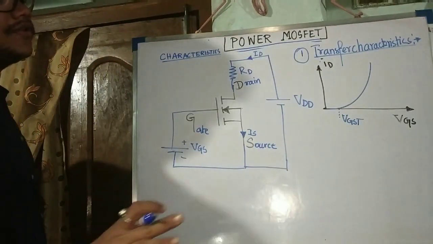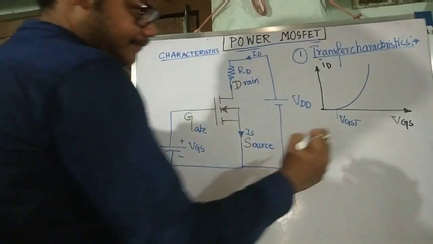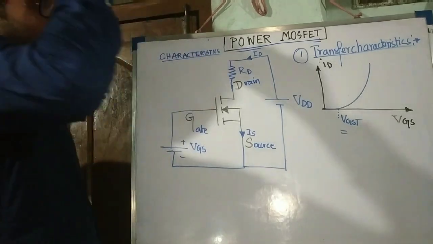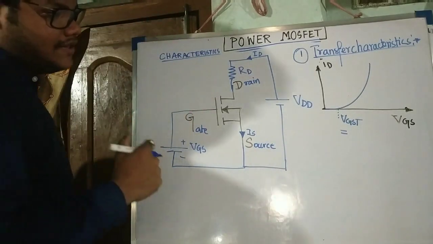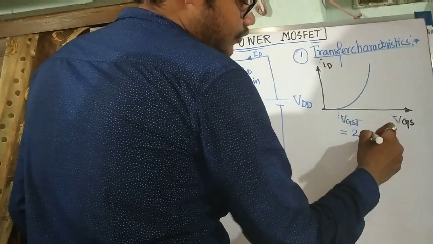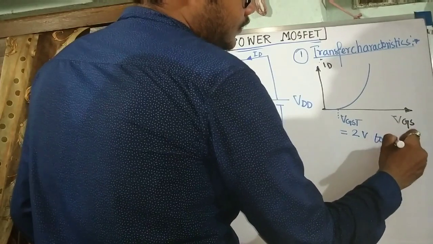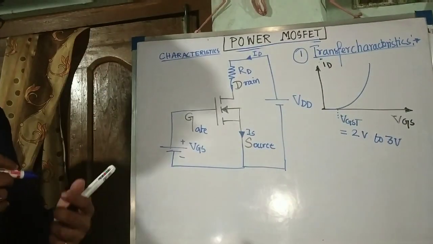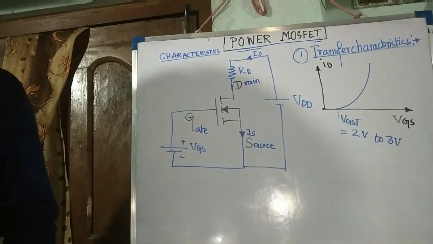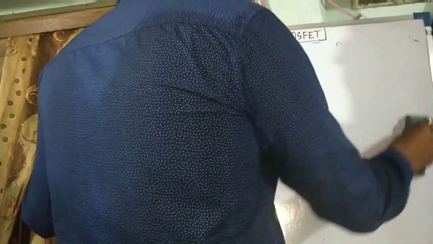This characteristic is the same as the input characteristics of the power BJT, and this VGST is about 2 volt to 3 volt range, not more than this. Now let us see another characteristic, which is the output characteristics.